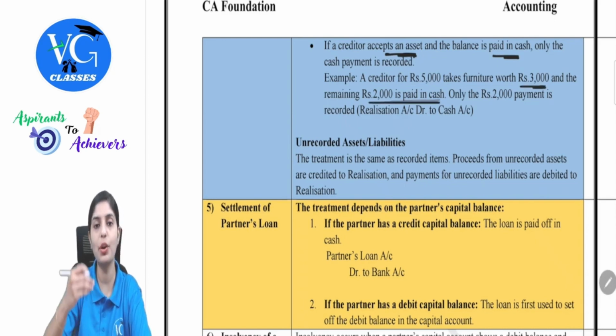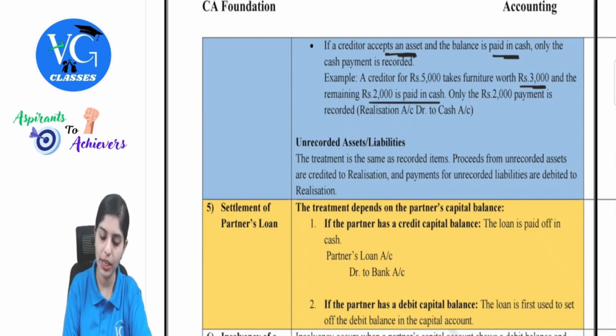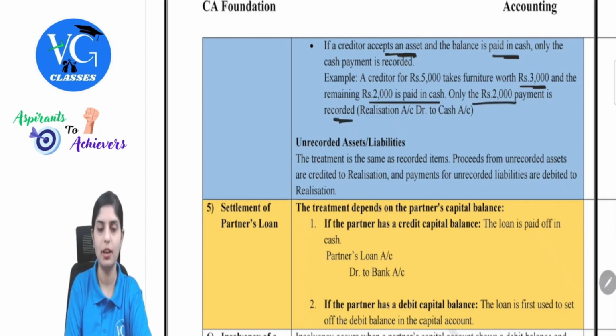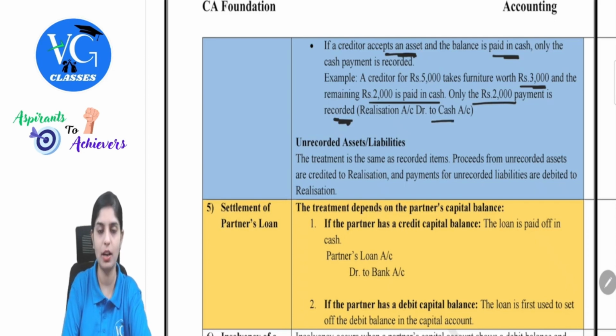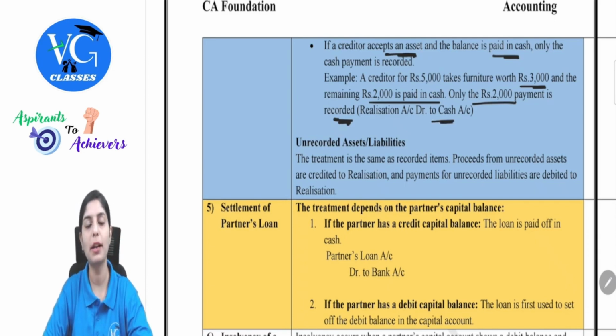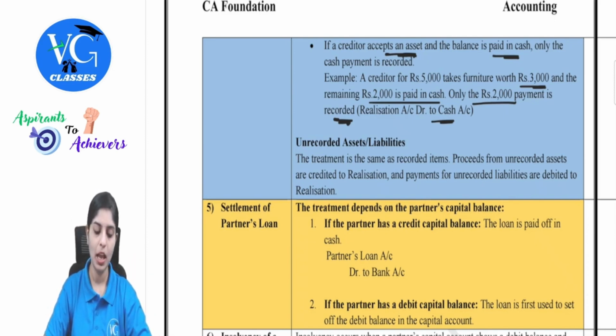See, when something is going out of the business, it will definitely have an impact. So only this outflow will be recorded. Only the 2,000 payment is recorded. How will we record this? Realization account debit to cash account, because this is with respect to settlement of liability and you are paying it off.